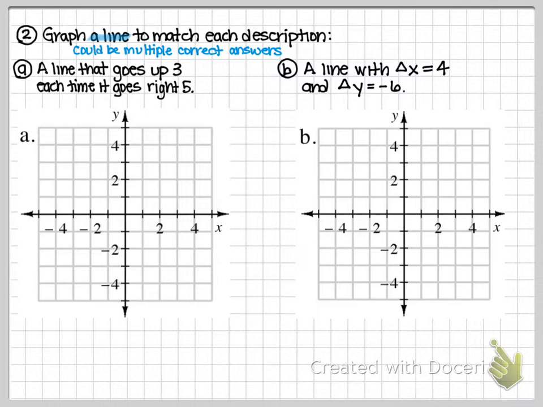All right, let's take a look. So we want it to go up 3. So that is my change in y. Remember, the y-axis is the one that runs up and down. And then I want to go right 5. That's my x direction.